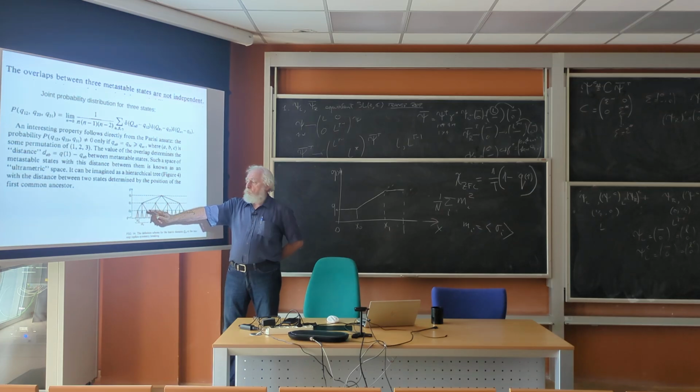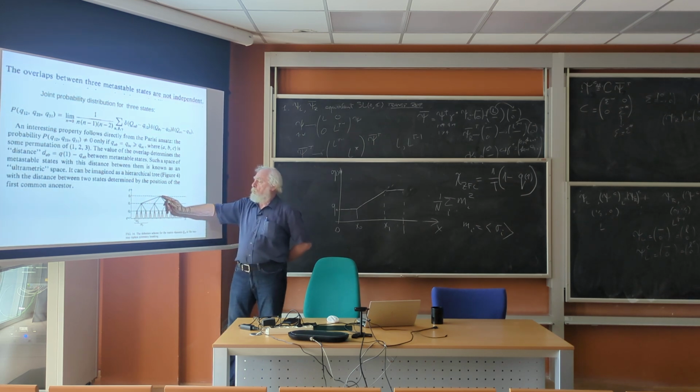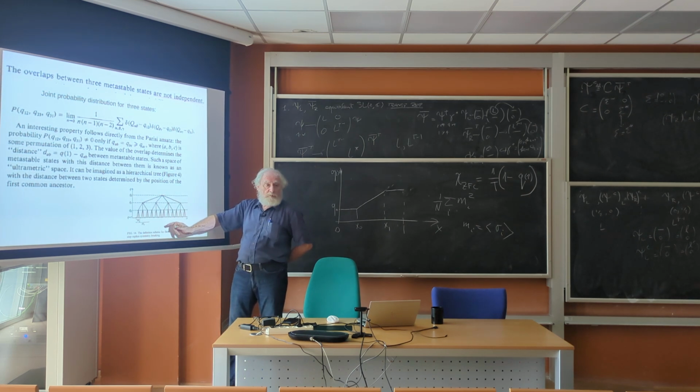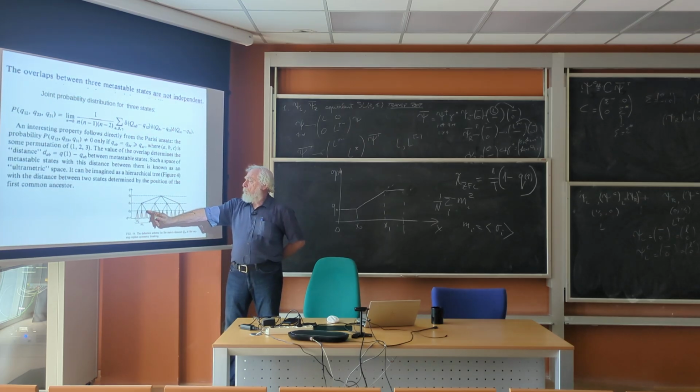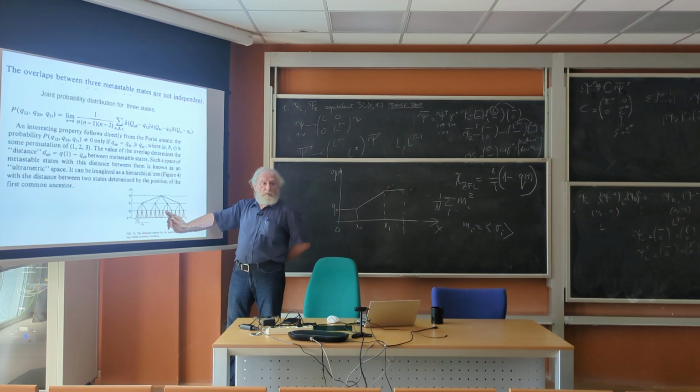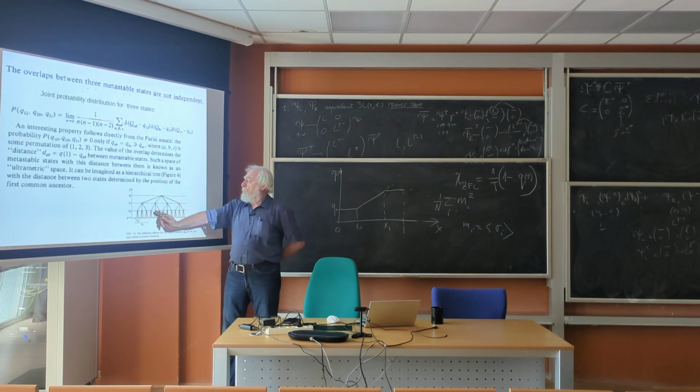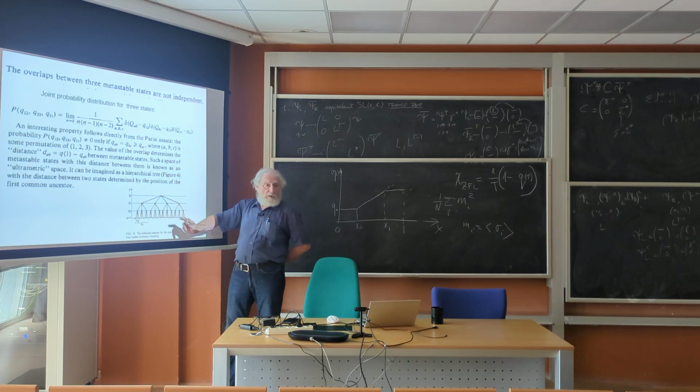In order to come from this state to this, we need to go one step up and then back. In order to come from here to here, we need to have two steps up and back. The same for this and this state. So the distance between this and this is the same as between this and that.